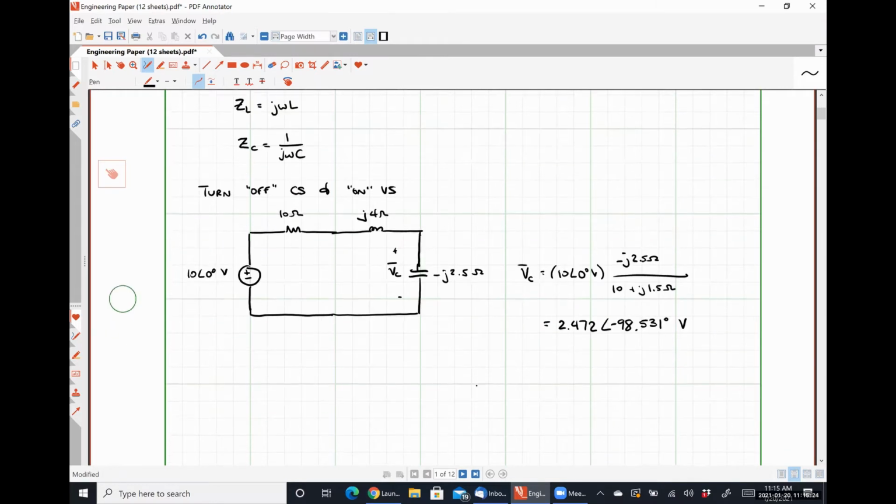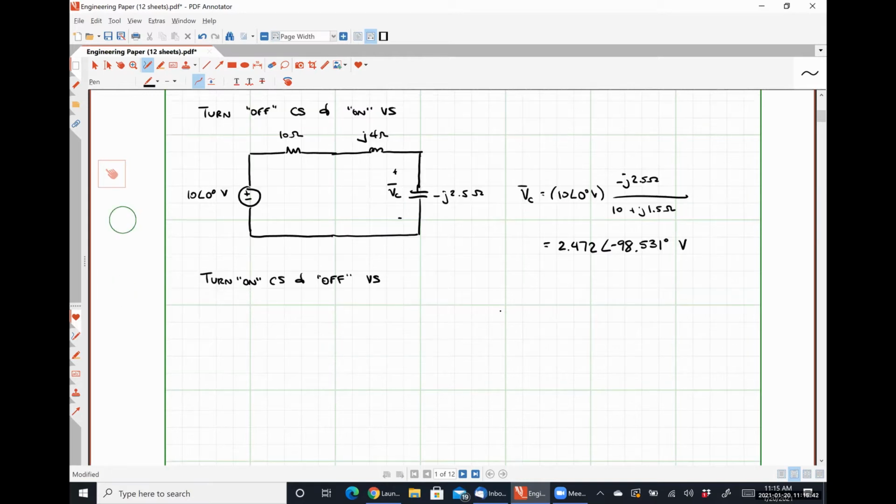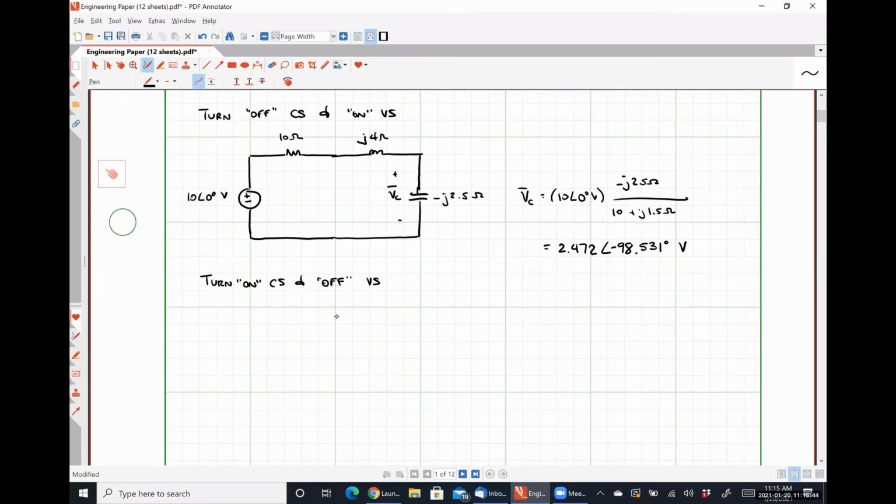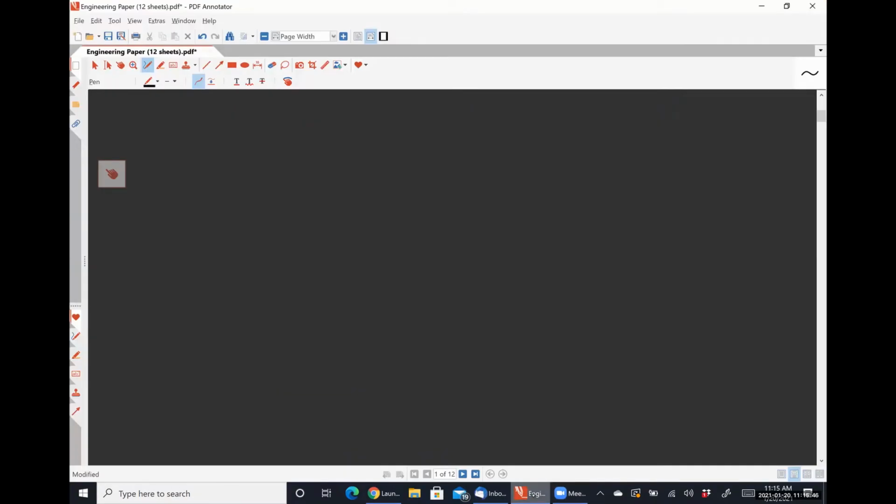For our next step, we would turn on the current source and off the voltage source. Sorry. So that would mean that, sorry about that.